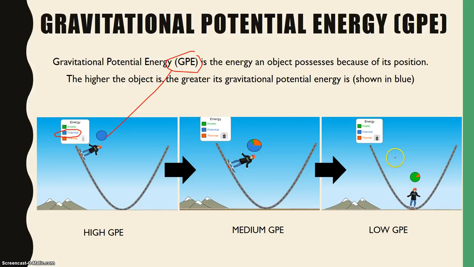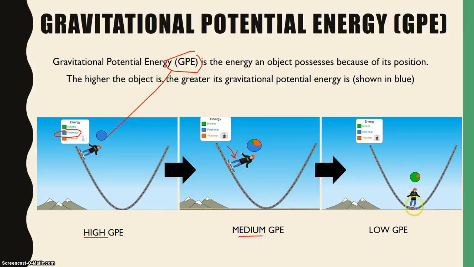At the highest point of the track, the skateboarder has the highest gravitational potential energy. As they begin to move down the track, you can see they have less, shown in blue. So it's a medium amount here, a high amount there.